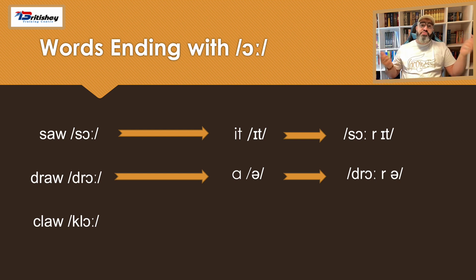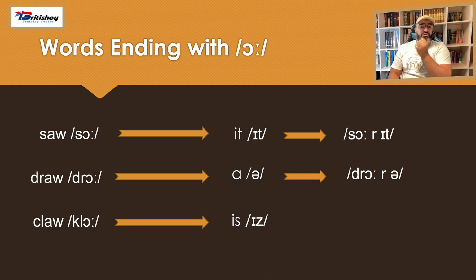I want to draw a picture. Now let's go to claw. And when you add is, you don't say the claw is, no, you say the claw is. Now let's see some examples from the British accent.